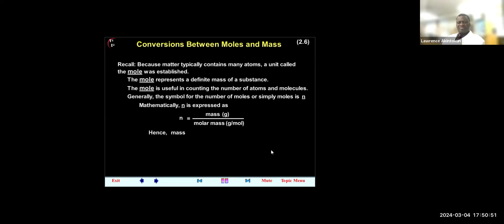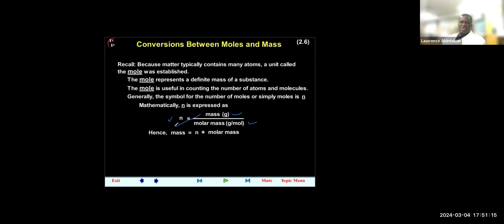Hence, mass equals N times molar mass. This is a derivation from the formula you have here. So here you have mass over molar mass, which equals N. Now you're looking for mass.